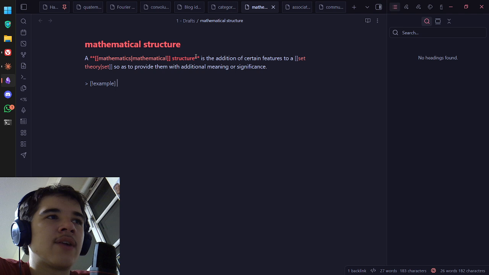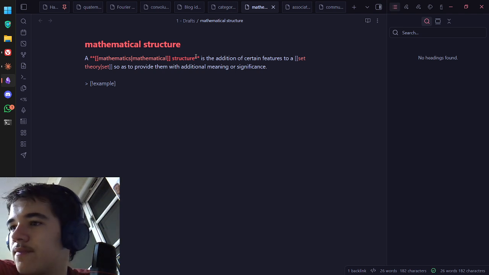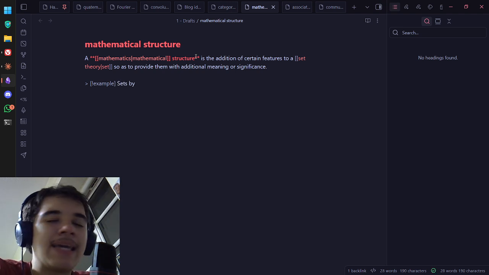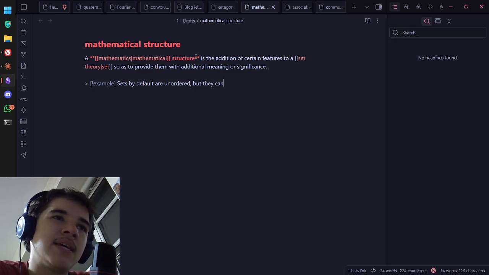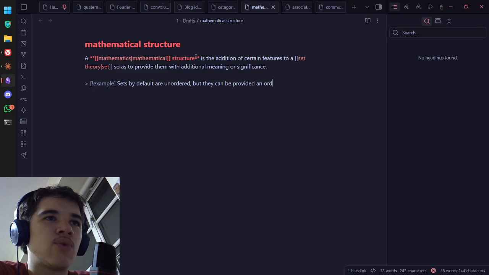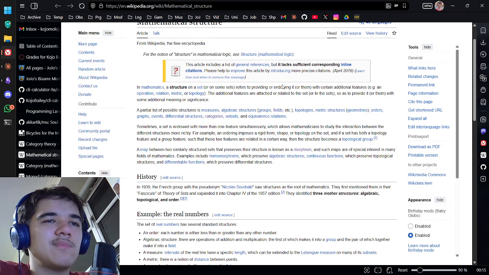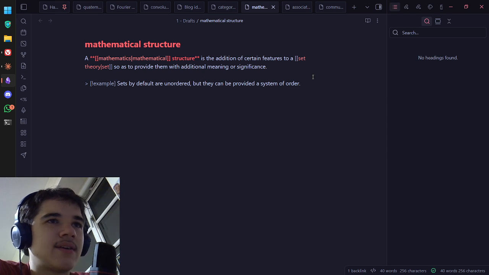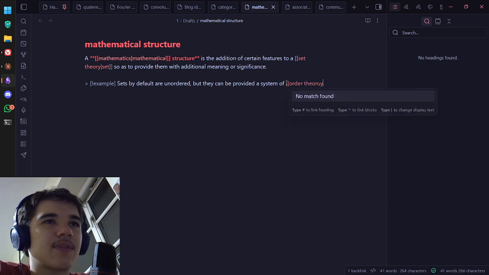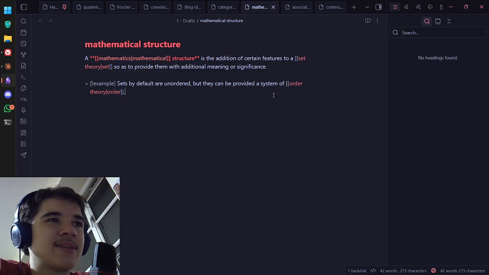Sets by default are unordered, but they can be provided a system of order. Order theory, if I ever want to get into that later.